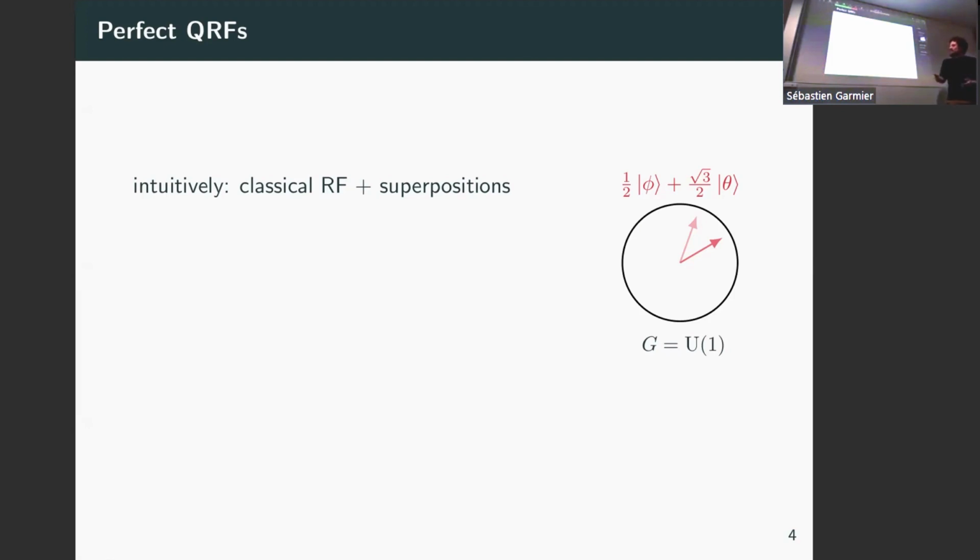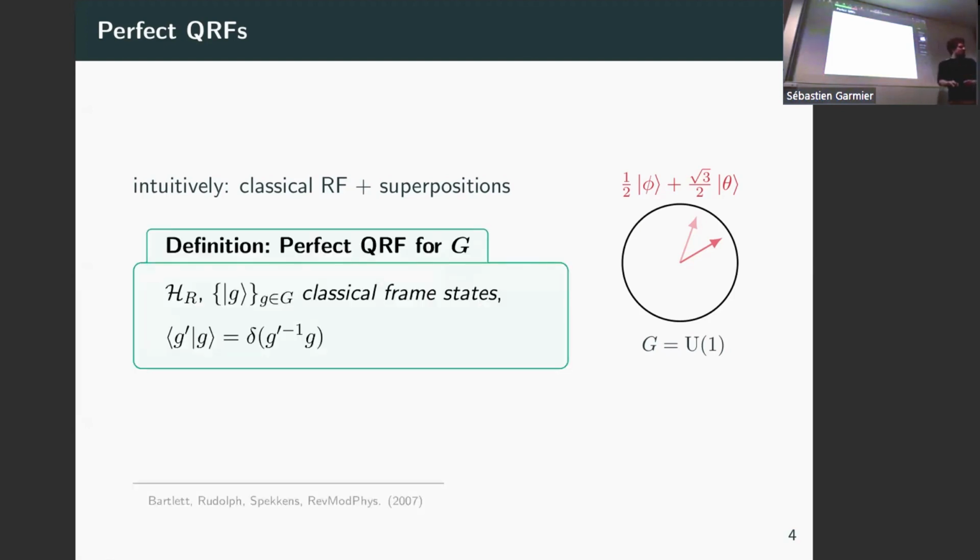So the definition is then also quite straightforward because we already know the definition of classical frames. It has to be a quantum system, so we take some Hilbert space H_R, and it still has to, at the heart, contain this classical frame. So we require that there are these states called classical frame states. They're labeled by the group elements, and they are inherited from the classical frame.